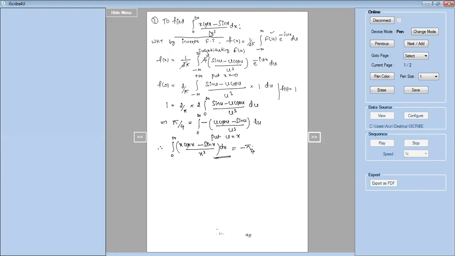So the value of this integral is minus pi by 4. So this is how we can find the value of this integral.